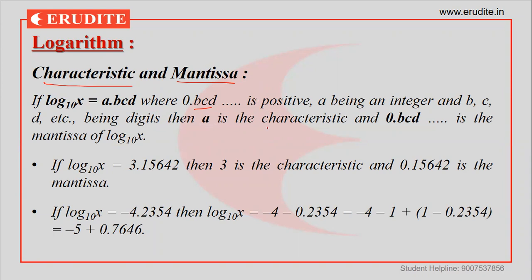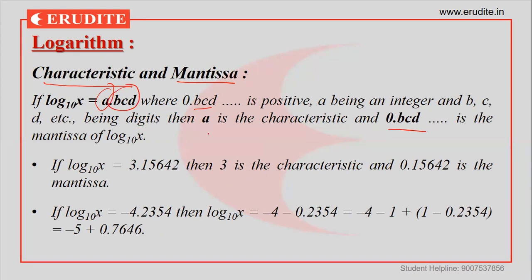Then a is called the characteristic. So whenever I open up the log, a is called the characteristic, and the other part, 0 point bcd, is called the mantissa.